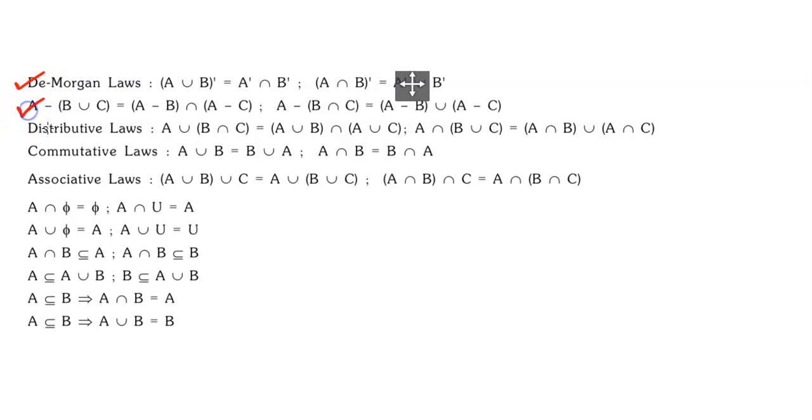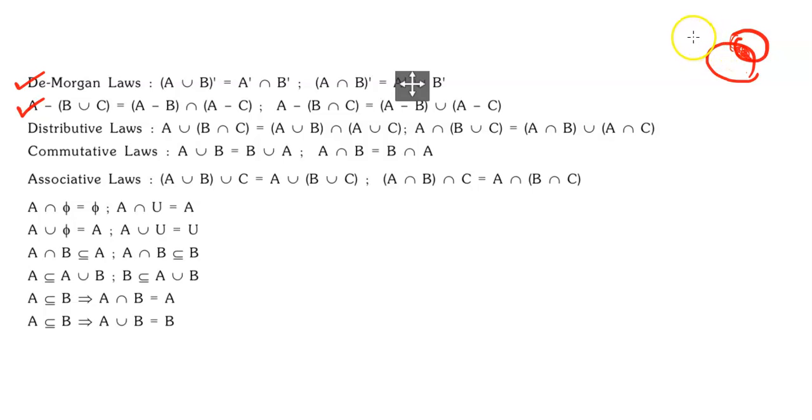We have already proved the distributive law, which says A union B intersection C is equal to A union B intersection A union C. Now think about it. B intersection C: if you have B and if you have C, then this is the value which is the intersection.